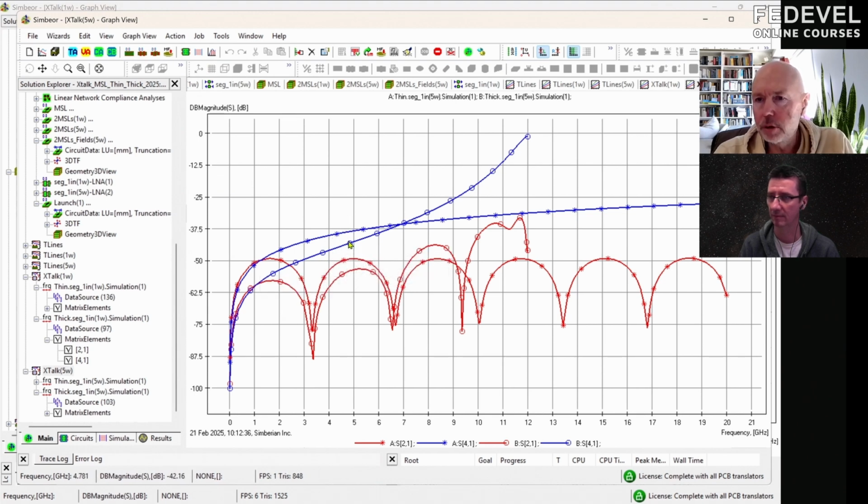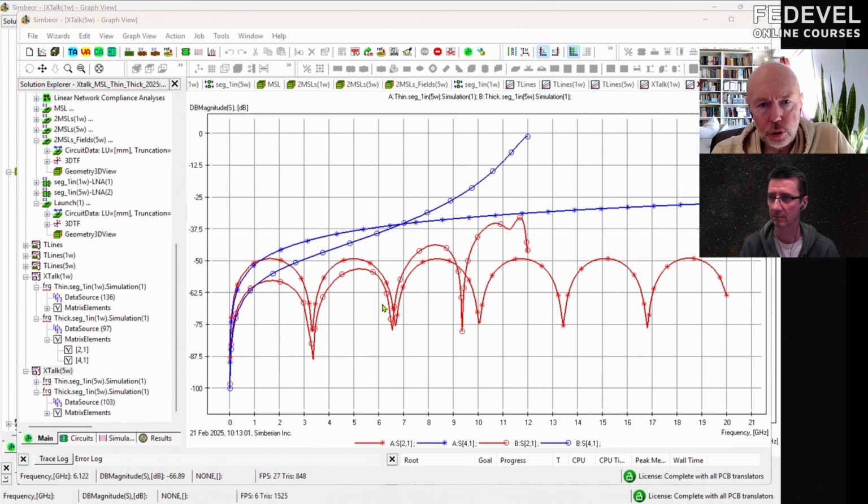And fine crosstalk is a showstopper for all microstrip, especially if you want to route a microstrip RF structure with very small values for crosstalk. Sometimes it's minus 70, minus 80 dB. It's practically impossible. And that's what you see in fine crosstalk here.